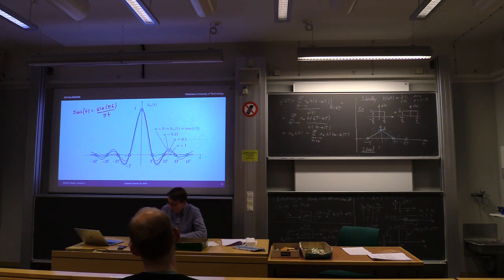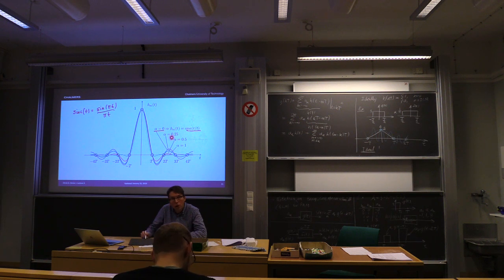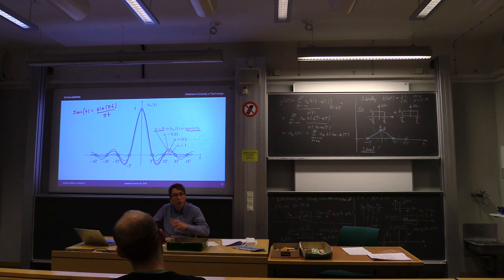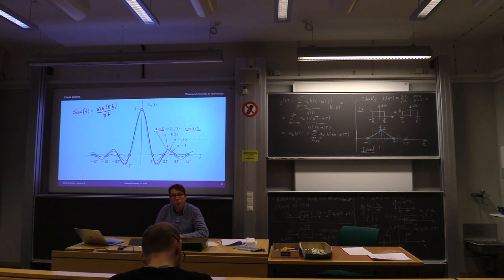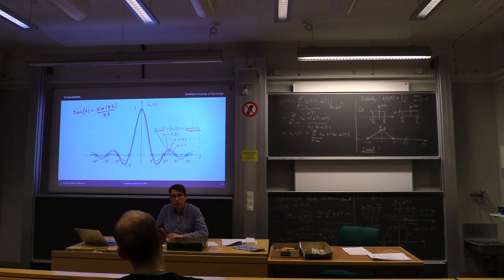As a matter of fact, if we choose alpha equal to 0, then the raised cosine pulse is a sinc. Okay, so let's see, it's a little bit hard to see, but the blue path here is the sinc. If we choose alpha to be a little bit larger, then we see that the side lobes of that pulse shrink down a little bit. Okay, so that's the effect of choosing alpha greater than 0.